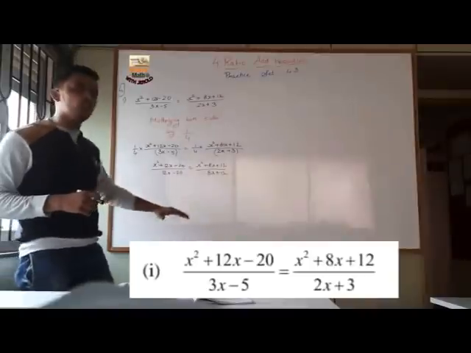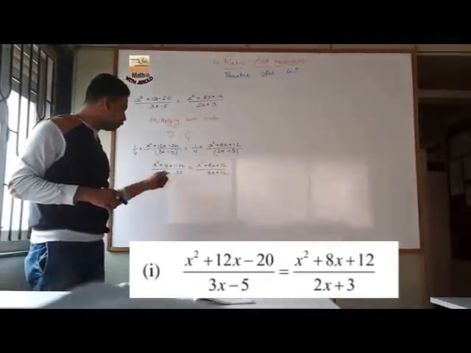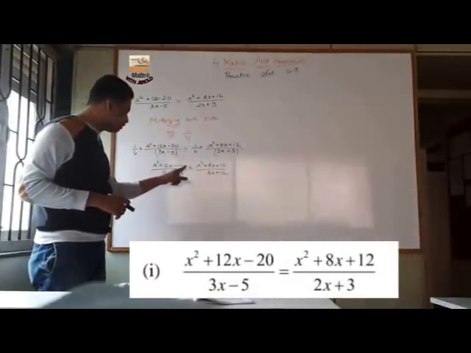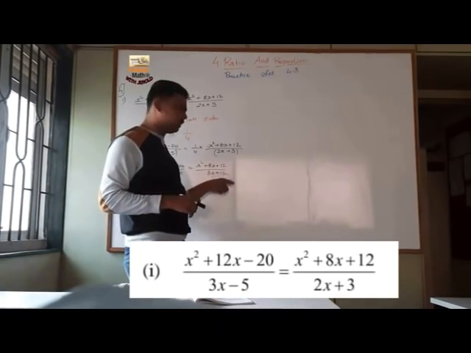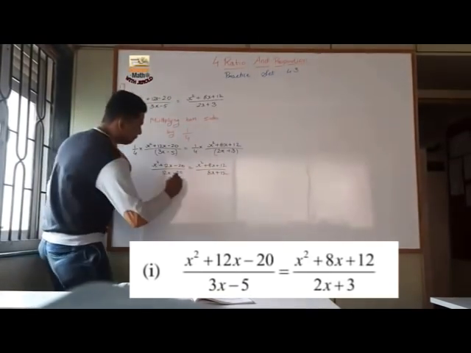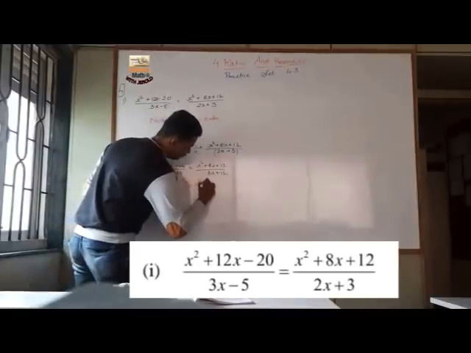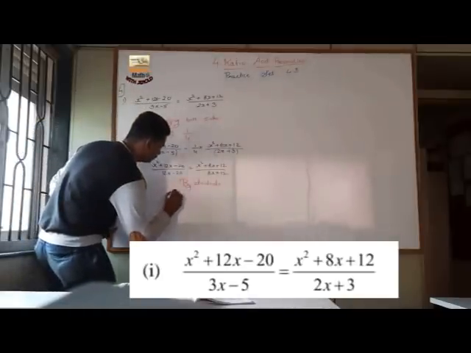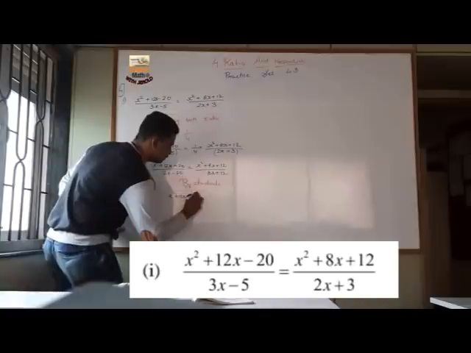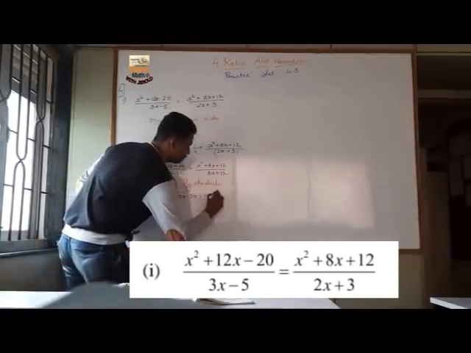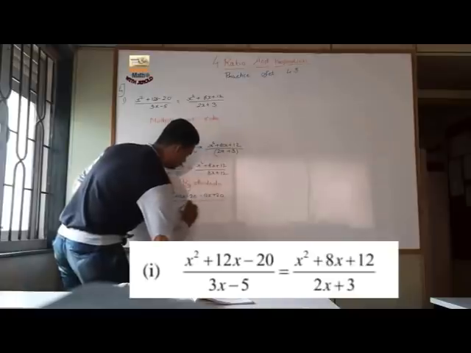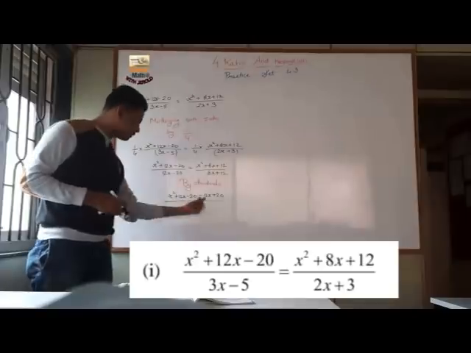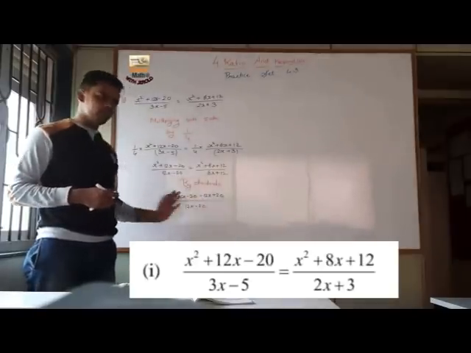Now when I do dividendo on this thing, I can subtract this minus this in the numerator, and when I subtract these two values, these values will get cancelled. Similarly on this side values will get cancelled. So by dividendo I will write x squared plus 12x minus 20 minus 12x plus 20 divided by 12x minus 20. When I subtract, my signs change, so plus 12x became minus 12x, minus 20 became plus 20.